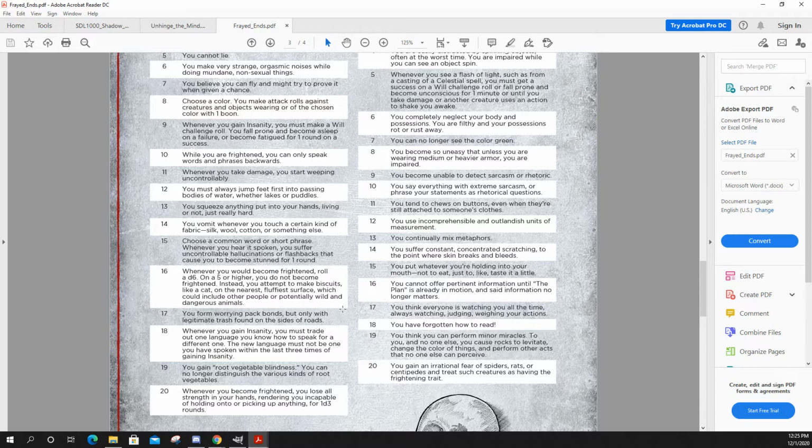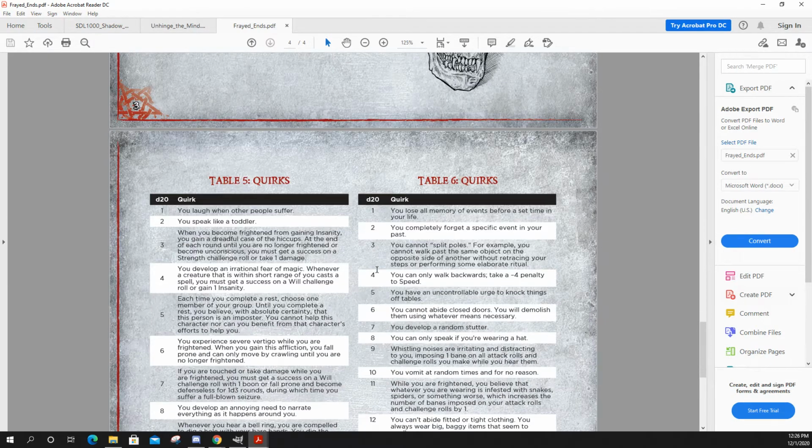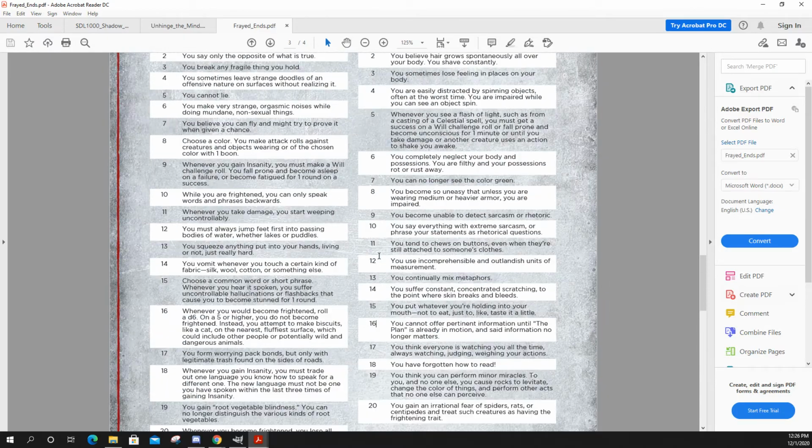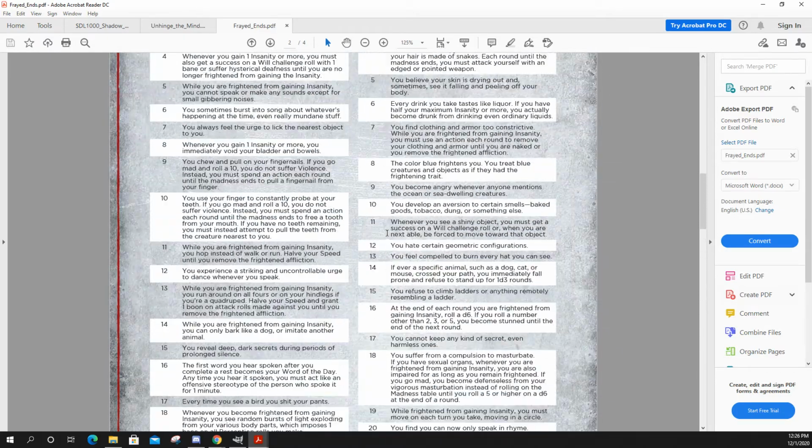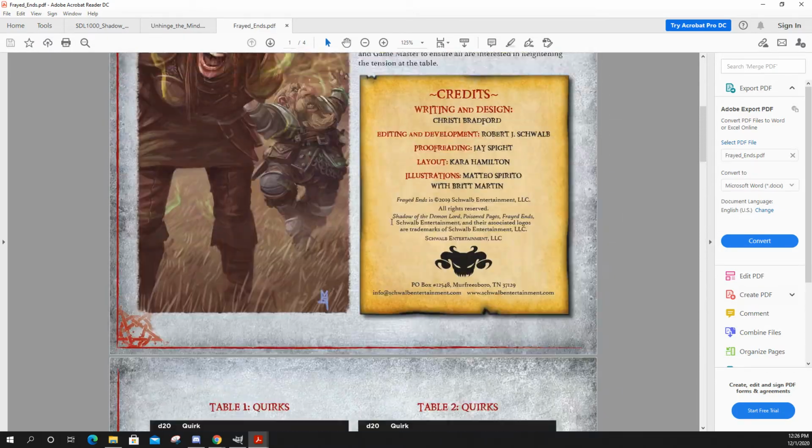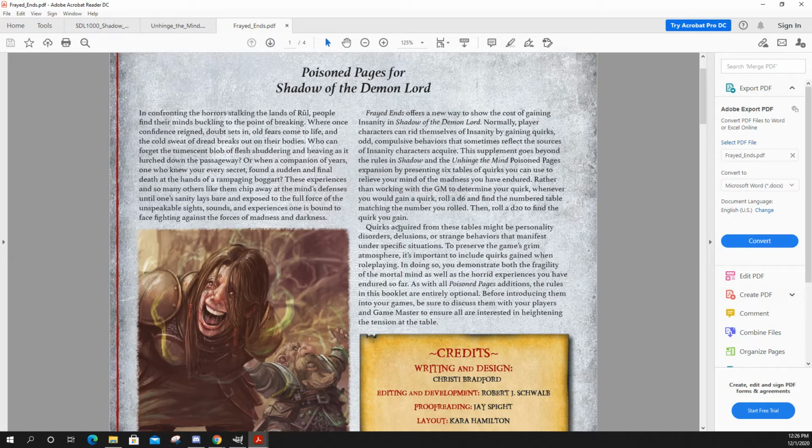And everybody is looking at you like, what? So, it can be funny. I think some of these can be more detrimental, but at any rate, these are ways to offset getting insanity just by choosing to take a quirk to avoid taking that insanity point.